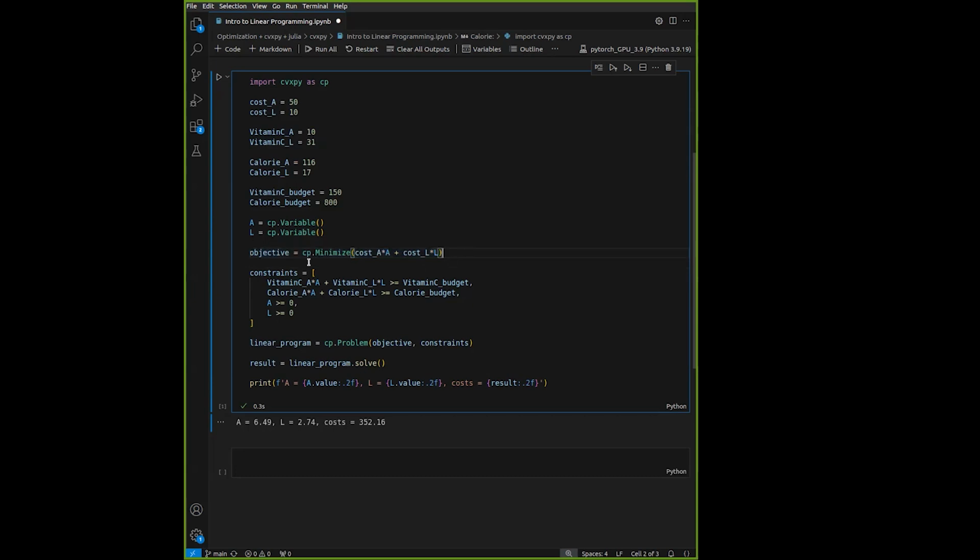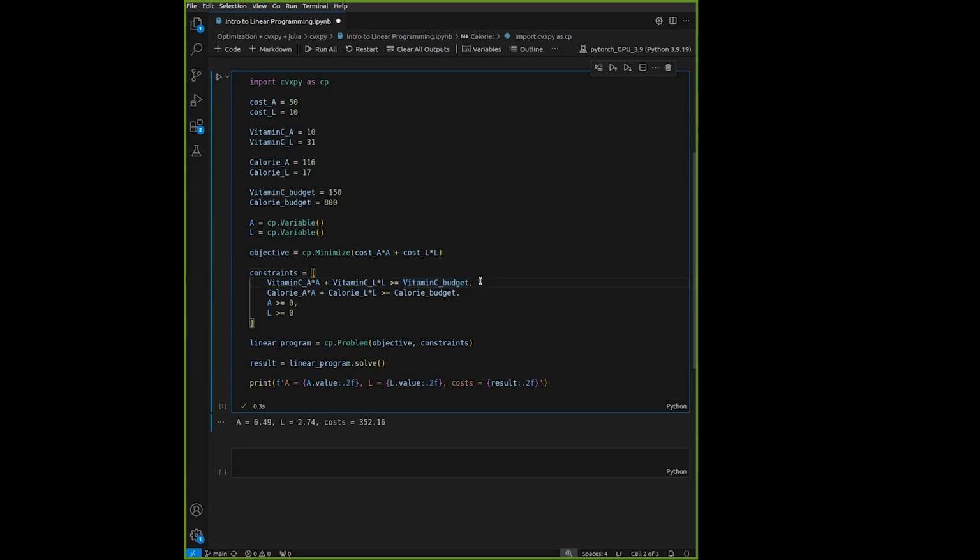Then we declare constraints. The first constraint is vitamin C in an apple times the number of apples, which is the total vitamin C coming from apples. The second term is the vitamin C of a lemon times the number of lemons, the total vitamin C coming from lemons. The total vitamin C will be the sum of these, which should be greater than some vitamin C budget.